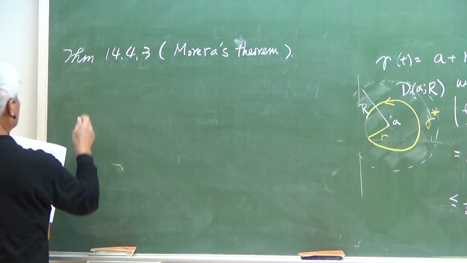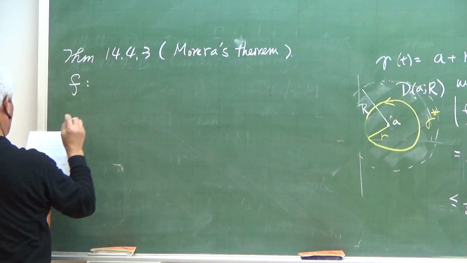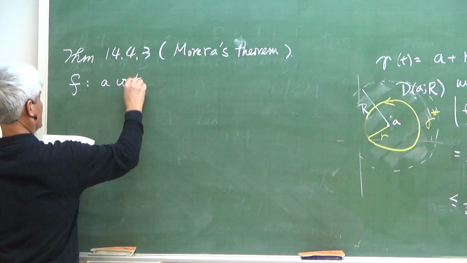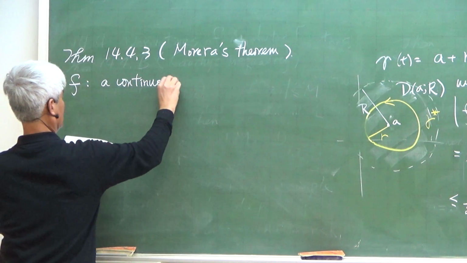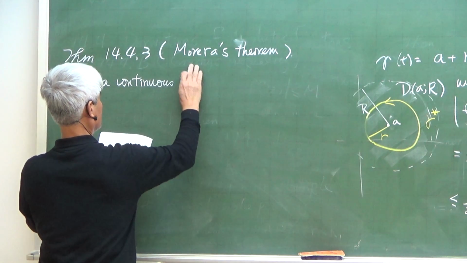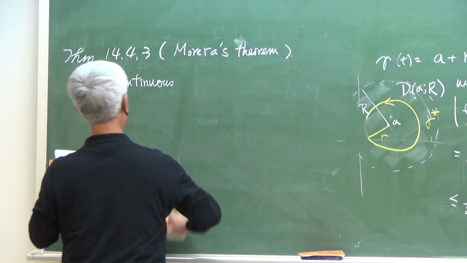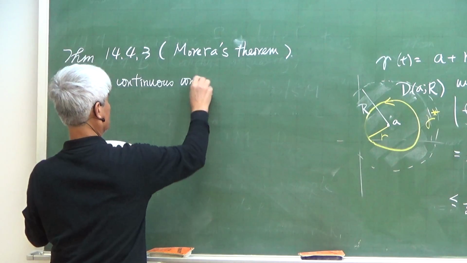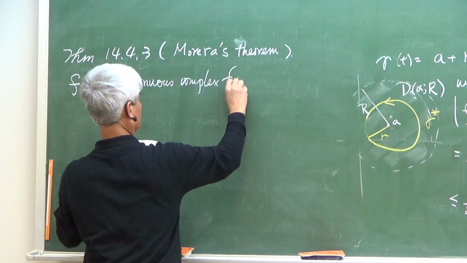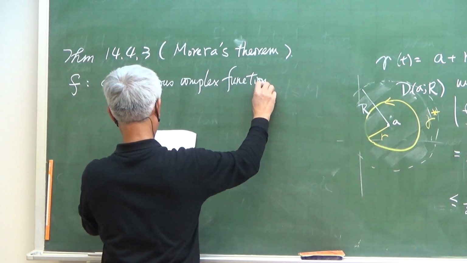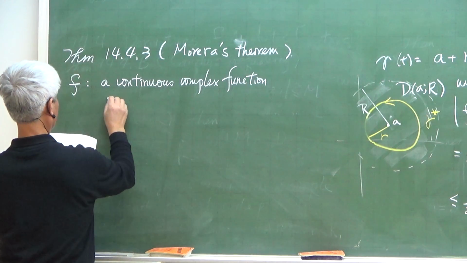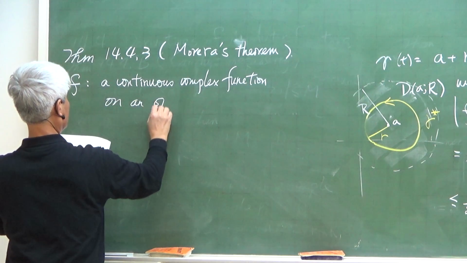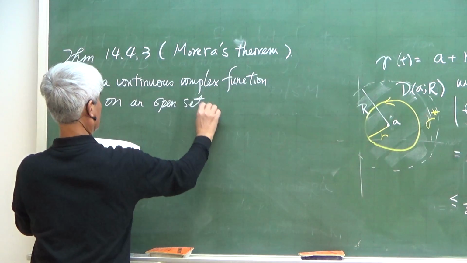Now, f is a continuous complex function on an open set omega.